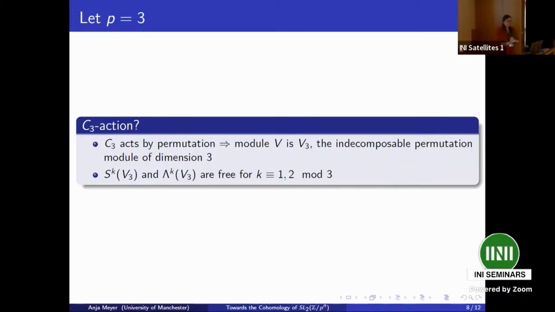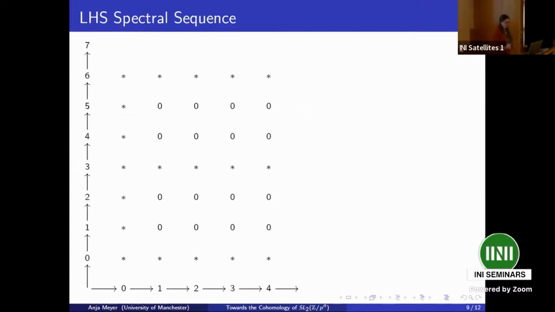And one can show with a little bit more technical work that in fact the symmetric and the exterior algebra on V3 are free for k congruent to 1 and 2 mod 3. This is exciting. Yay! Why is this exciting? Because free means projective. Projective means cohomology vanishes on it. Yes. So this is roughly the picture that we have.